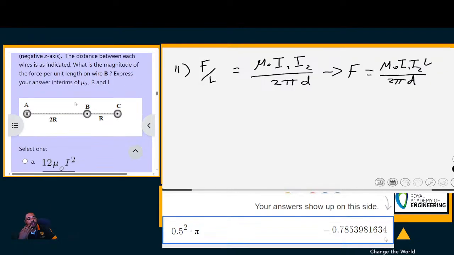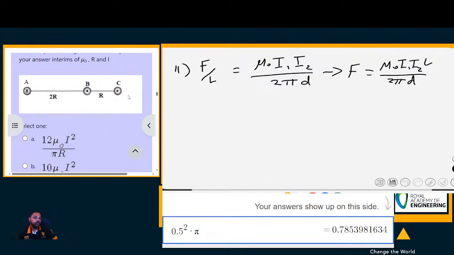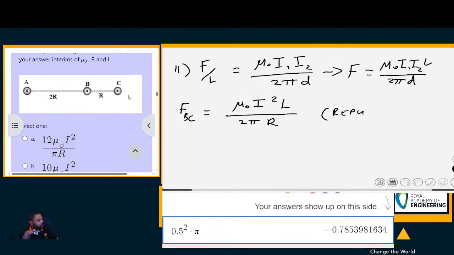Let's first calculate the force between B and C. The force between B and C is mu naught, which is just a constant, times the current, and since both currents are I, we can write I squared, times the length, because it's force per unit length and I just multiply both sides by L, over 2 pi times the distance between B and C, which in this case is R. So 2 pi R. And like I said earlier, it's repulsive.